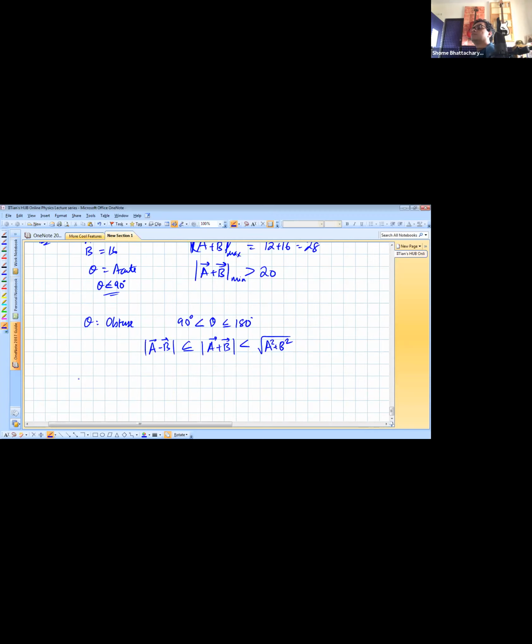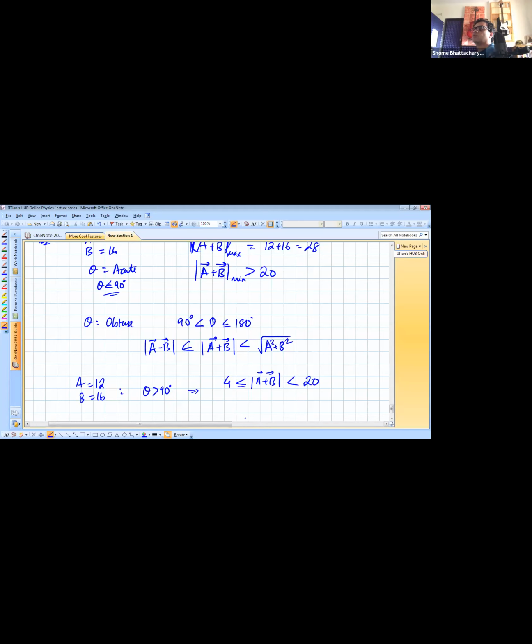So that same question, if a is 12 and b is 16 and theta is greater than 90 degrees, then over here what we can say is that the maximum possible value of a plus b is something less than 20. It cannot even be 20 because this is not 90, it's greater than 90. But at the same time, it cannot go as low as anything below 4.